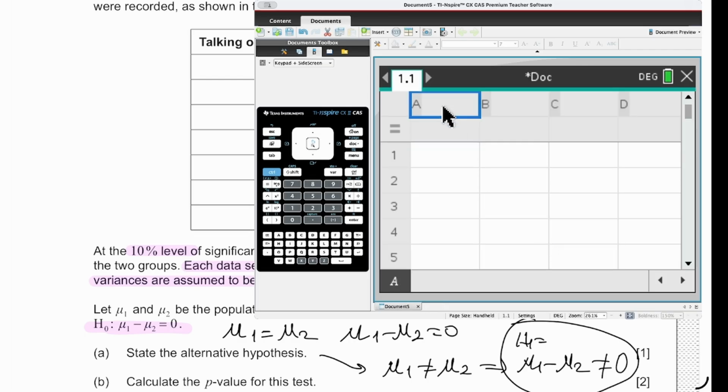Always don't forget right here X and Y. I'm just writing X or Y. Okay, let me enter this data here quickly. 0.69, okay, 0.878, 90.